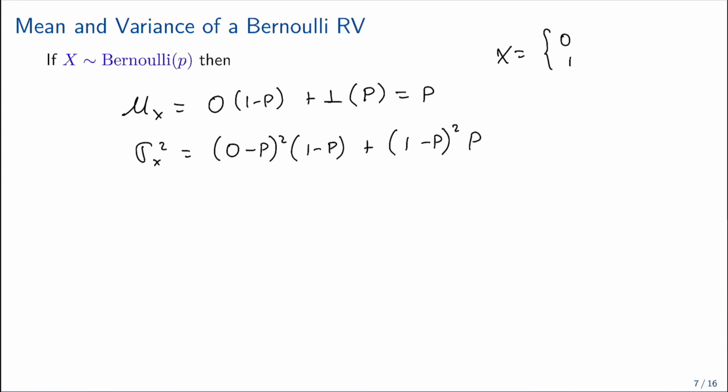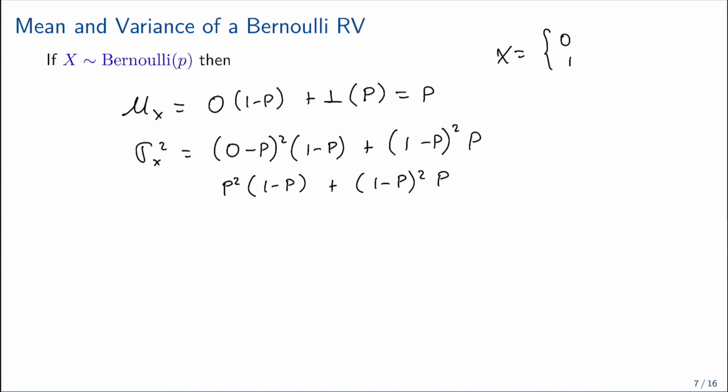Now let's expand this. The first part is p squared multiplied by 1 minus p, plus 1 minus p squared multiplied by p. Notice that we have two terms. In the first one we have p, and in the second one we have p.